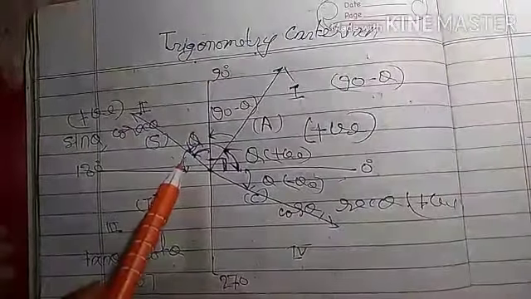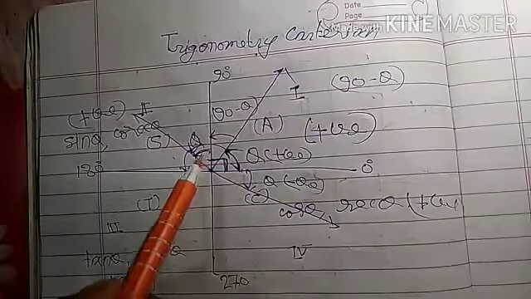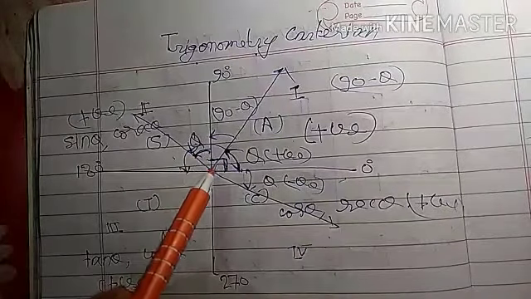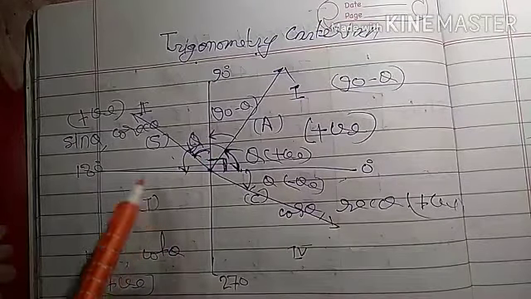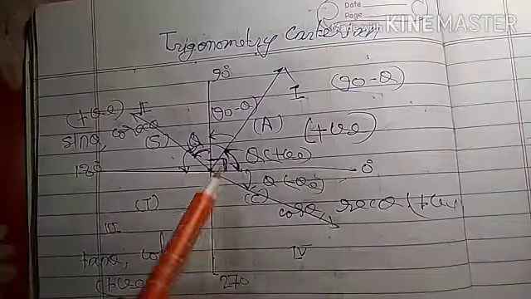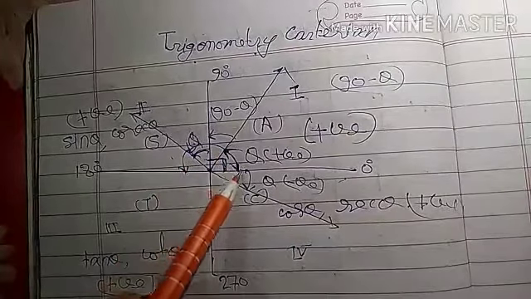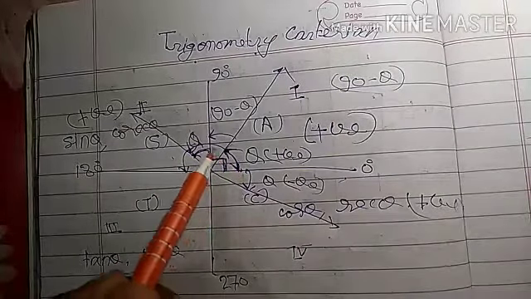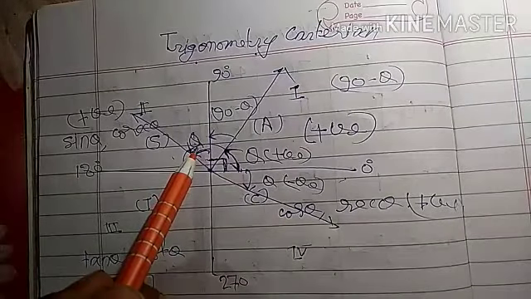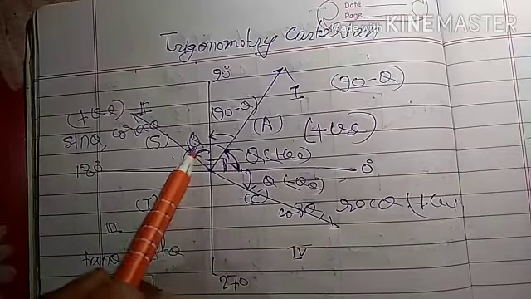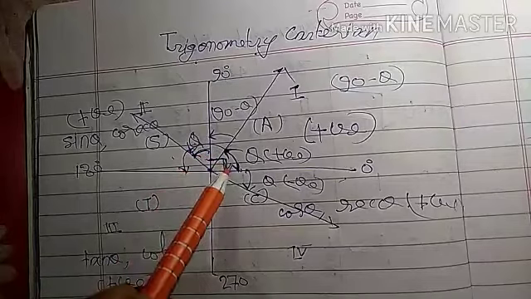Next, we measure this angle, which is 90 degrees and theta degrees. So we can say this is 0 degrees and 180 degrees, so this angle is 180 degrees and this angle is 90 plus theta degrees.